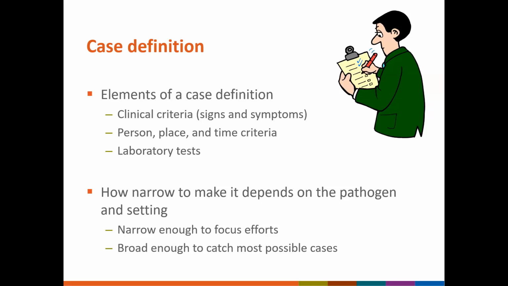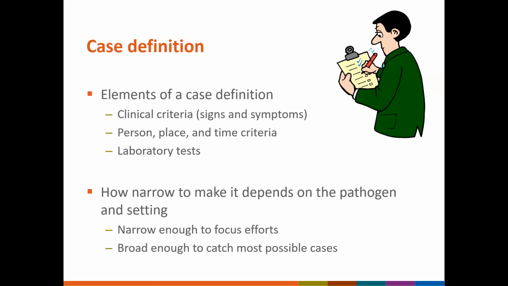For example, if you include only laboratory positive isolates, there might be a lot of fallacies because of poor laboratory pre-analytical phase errors. So you might not include an actual case of that outbreak because you didn't get a positive culture from that patient.